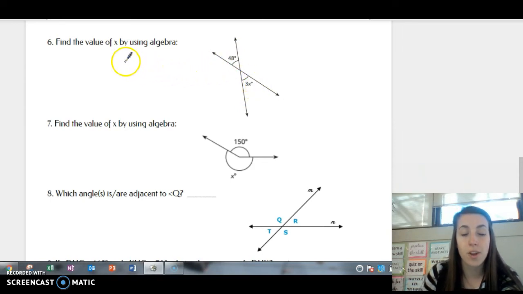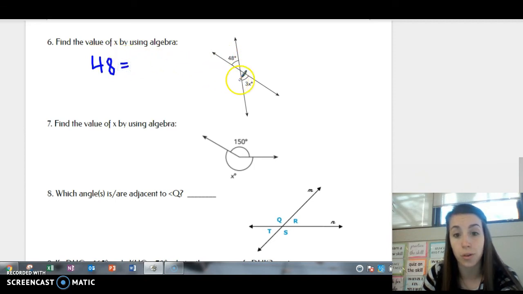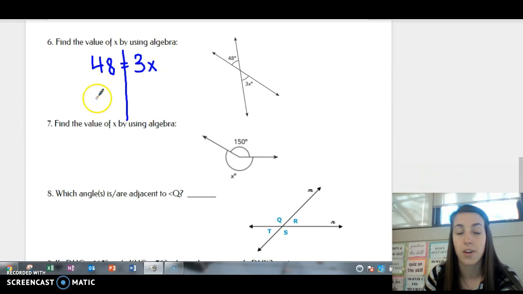Since they are vertical angles, that means that they equal each other. If they equal each other, you can say, hey, 48 degrees is also equal to 3x. So you're going to tell me what to do. In order to get x by itself, I want you to solve and get x by itself. I'm not going to give you the answer. I want you to go ahead and try it out and tell me what x is.